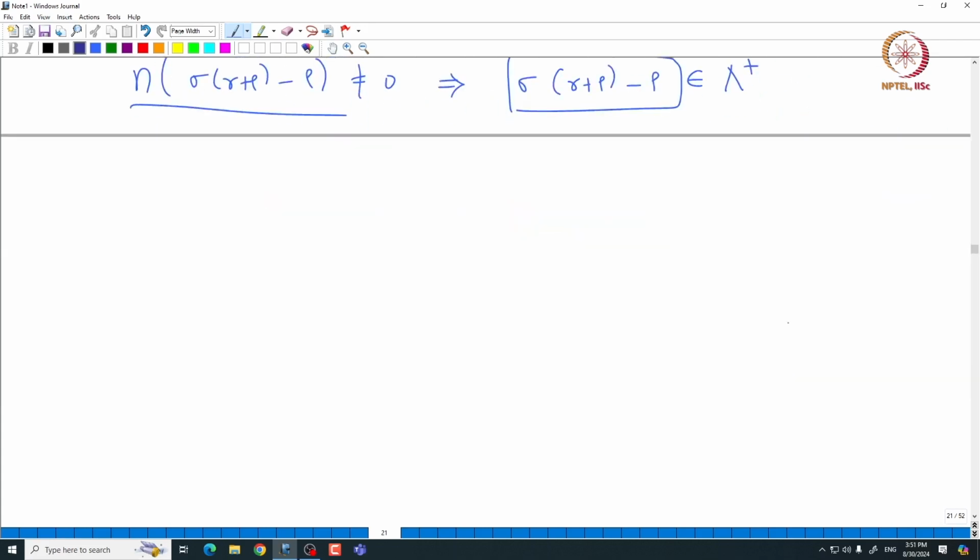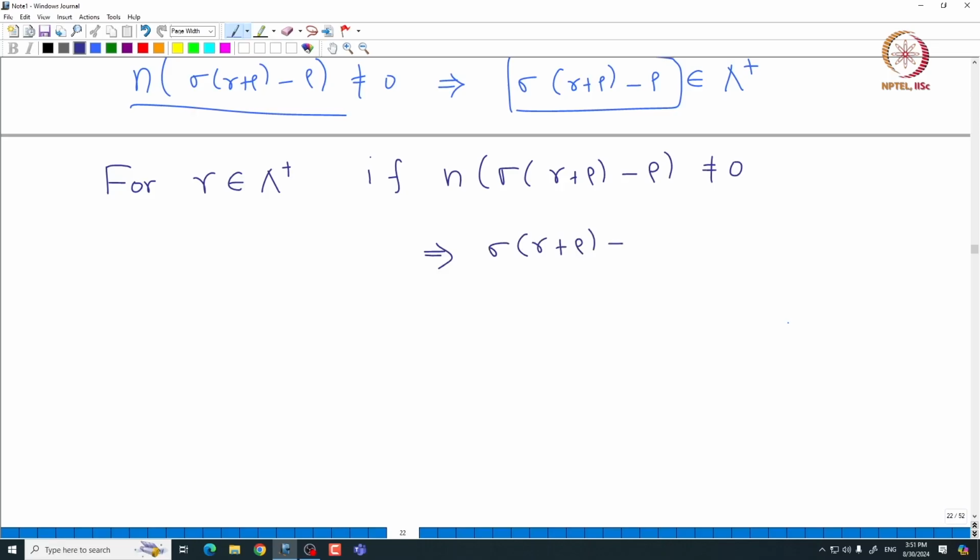So, for gamma dominant, if n of sigma gamma plus rho minus rho is non-zero, then that implies sigma gamma plus rho minus rho is again dominant.